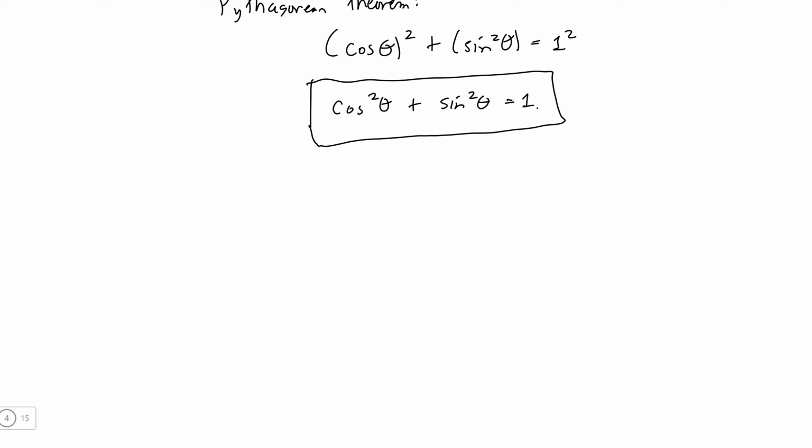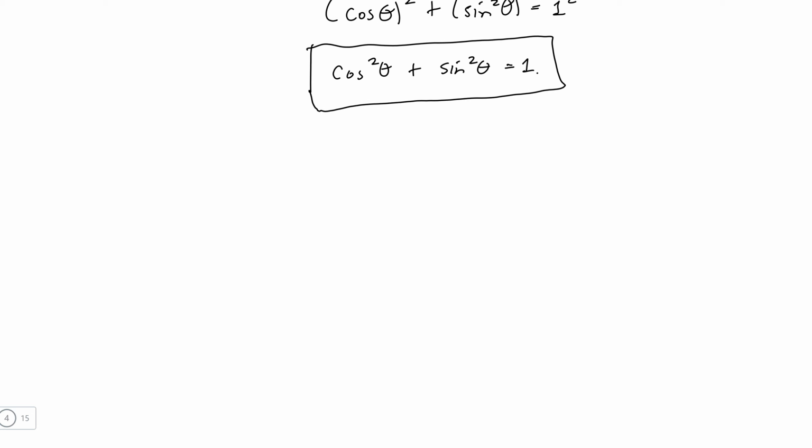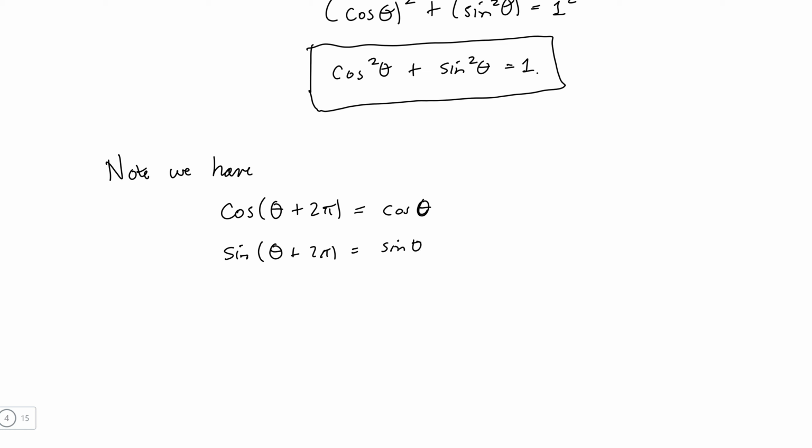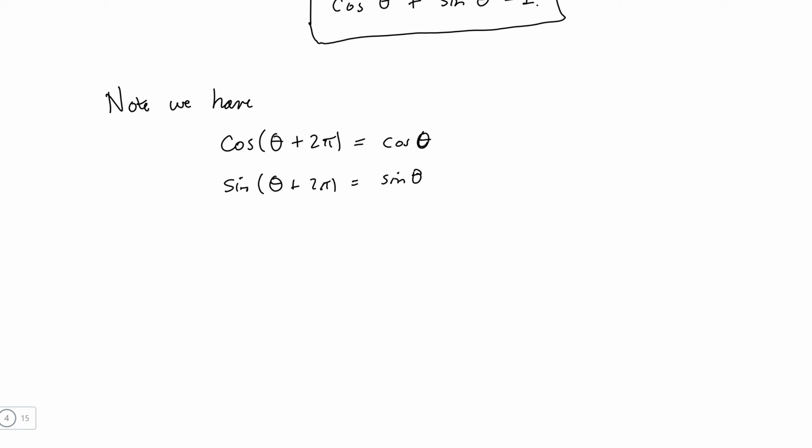So now let's get into some other properties of the trig functions. Let's note from our graphs above, if I take any angle at all, and look at cosine of theta and add 2 pi to that, that doesn't change cosine at all. Same thing for sine. This means we call these functions periodic, because if we go a certain distance, we get the same function back.